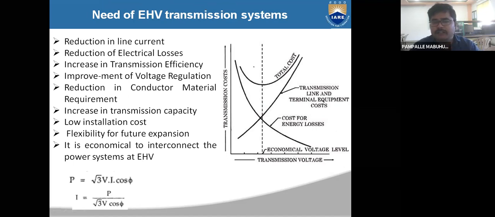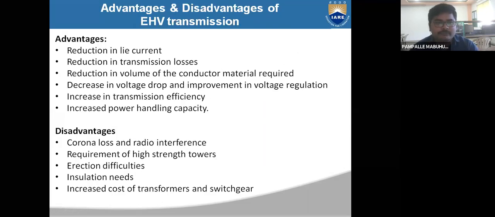At the minimum point, what is the voltage level? That voltage will be the most economical voltage level. So that voltage you have to select for the transmission system. Okay, so this is about the extra high voltage transmission system. Okay, this extra high voltage transmission system is an AC transmission system. Okay, you will transfer the power from one location to another location with AC current.